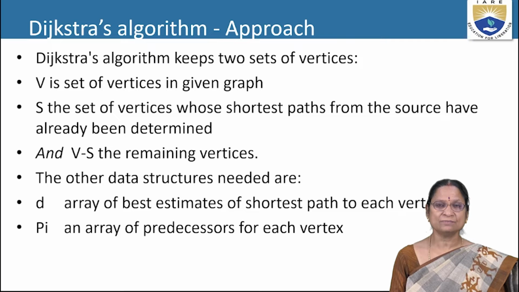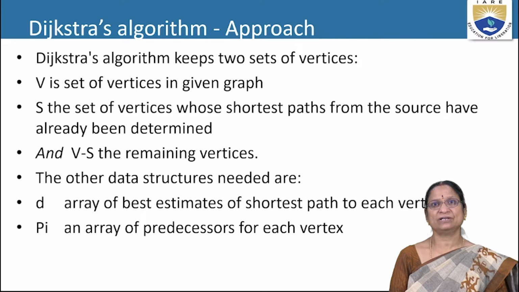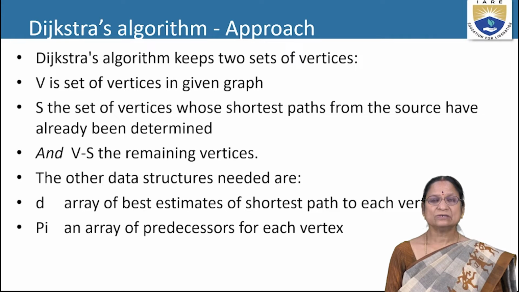In Dijkstra's algorithm, two sets of vertices are maintained. V is the set of vertices of the given graph. S is the set of vertices to which the shortest path from the source has already been determined. That means S is the set of vertices to which the shortest distance has already been found.